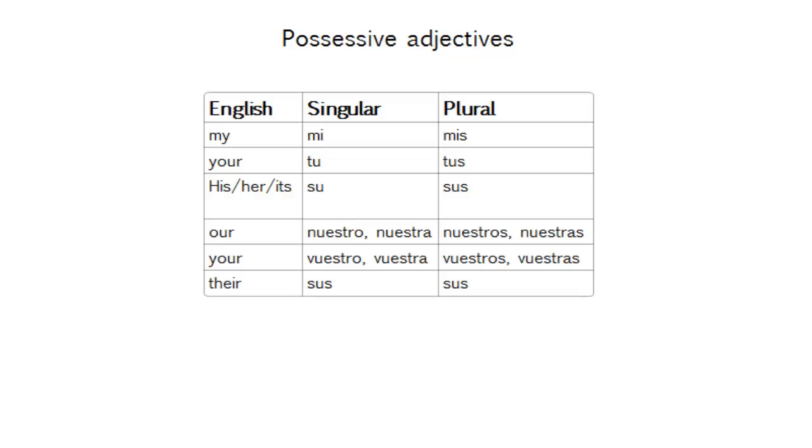So for example, we'll take car as an example, which, if you remember, is el coche. For example, my car would be what?